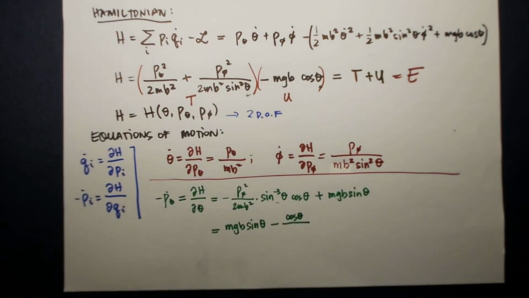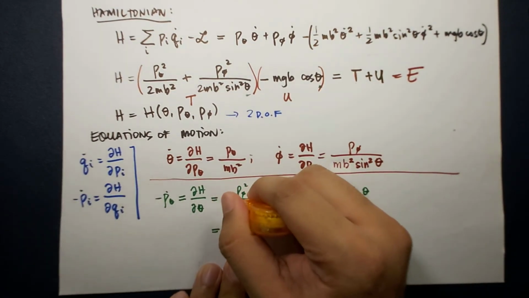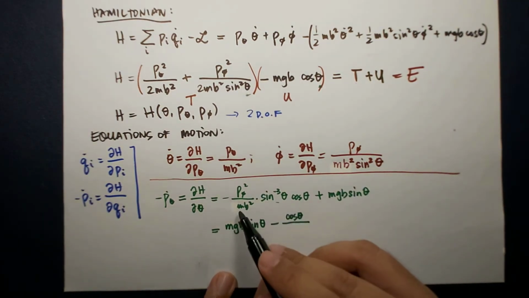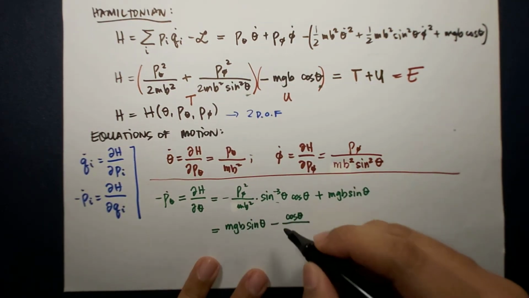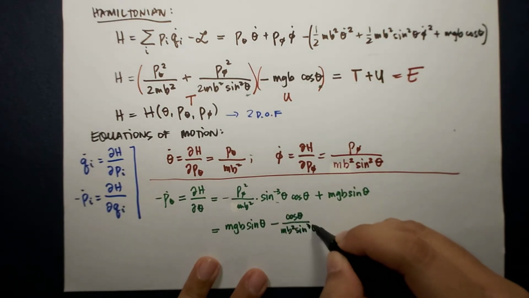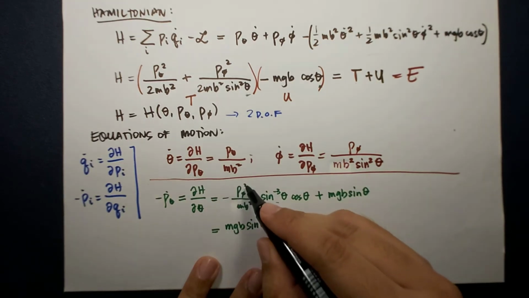So there should not be any 2 in the denominator. Okay, so that's cosine theta over mb squared sine cubed theta times p phi squared.